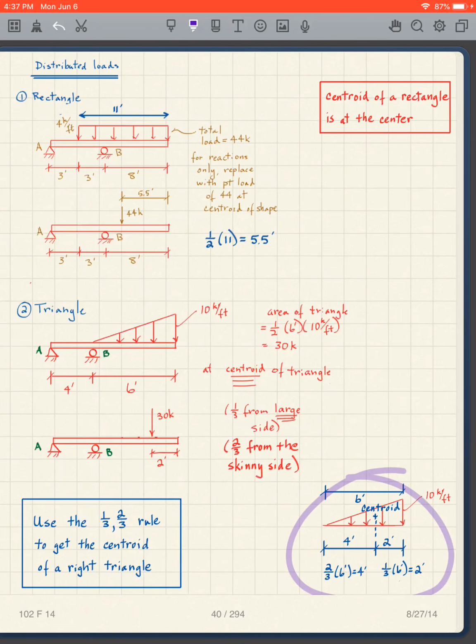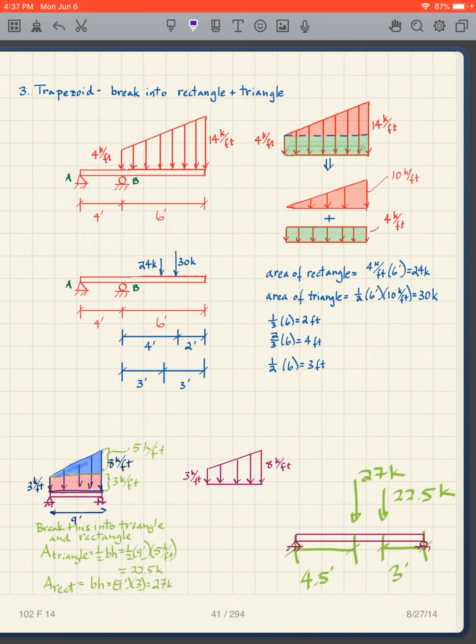This is it in more detail here. How do we handle a trapezoid? What do we do if we have, in this case, 14 kips per foot at that end, 4 kips per foot at the other end?